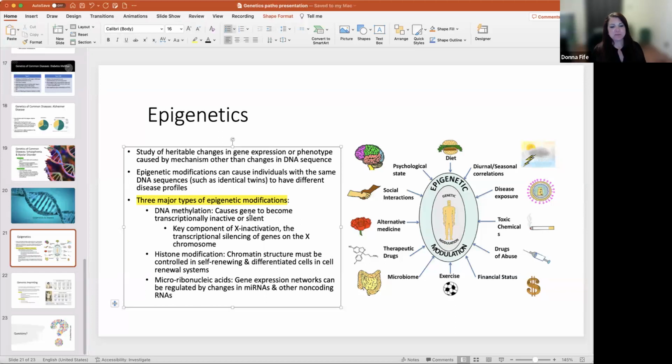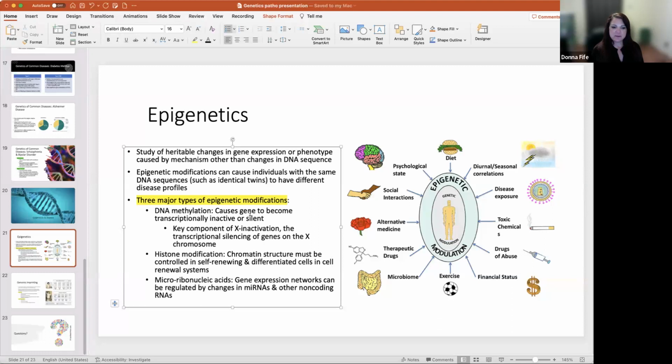This causes genes to become transcriptionally inactive or silent. It is the key component of X inactivation, the transcriptional silencing of genes on the X chromosome. Histone modification: chromatin structure must be controlled in self-renewing and differentiated cells in cell renewal systems.